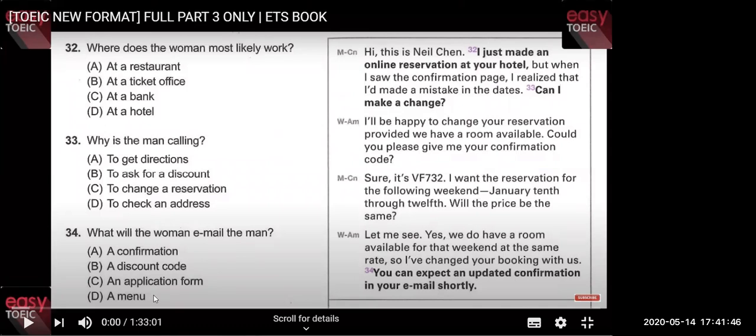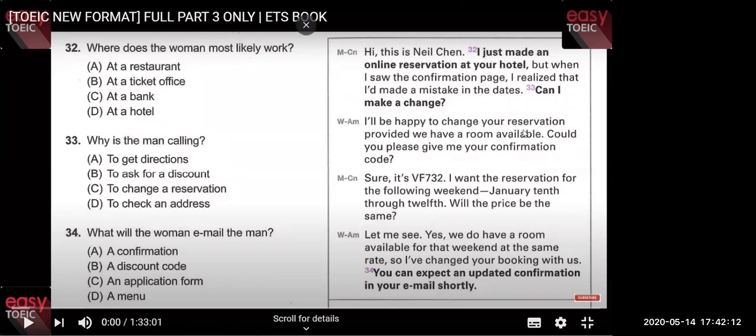Okay, so in part 3, what we have is a conversation. It's normally between 2 people, and we will have some questions regarding that conversation. Now, in the actual tests, we don't have the script.